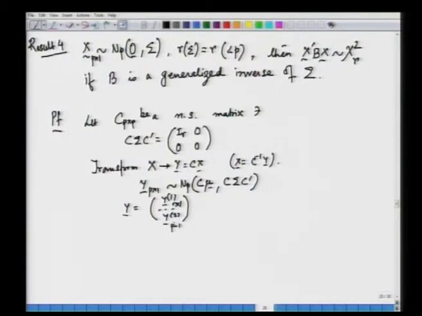The first one is an R dimensional vector, the next one is a P minus R dimensional residual, and so I have the expectation of Y. Well, I have started with X following normal P with mean null vector, so obviously both of them are null, mu 1 and mu 2, and the covariance of Y is nothing but I R, right.